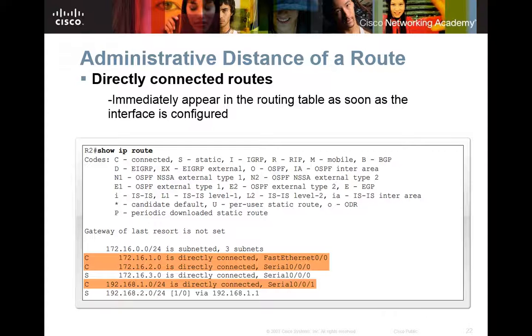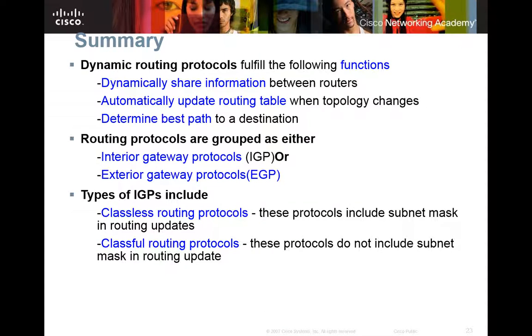It's connected. Remember, this is connected. It's not a static. You would have 1/1 if it was a static, right? Let's say this had been a 3.0, it would have been a 1/1. Any questions on how to look at that routing table?